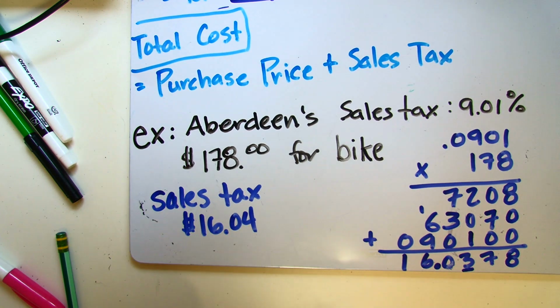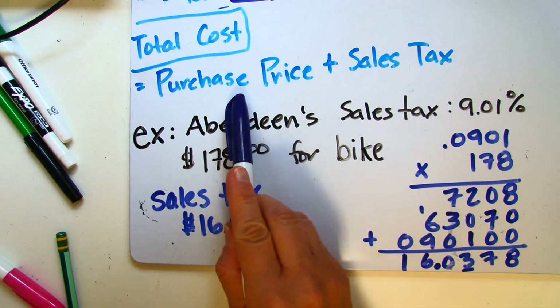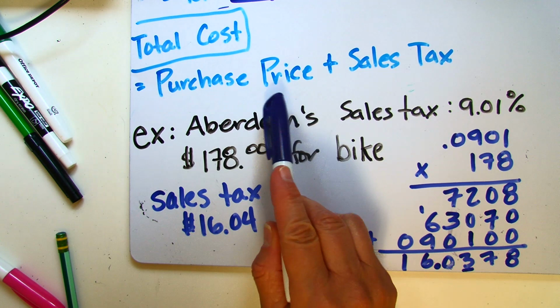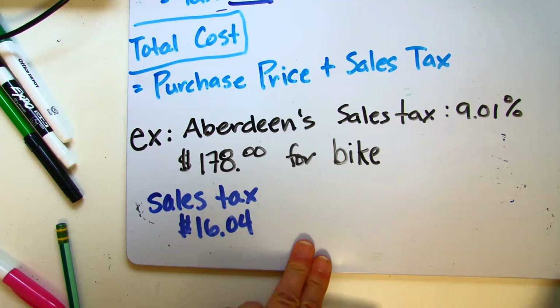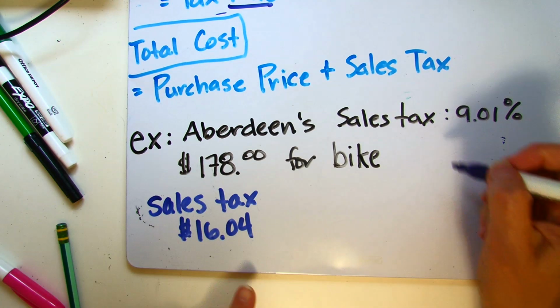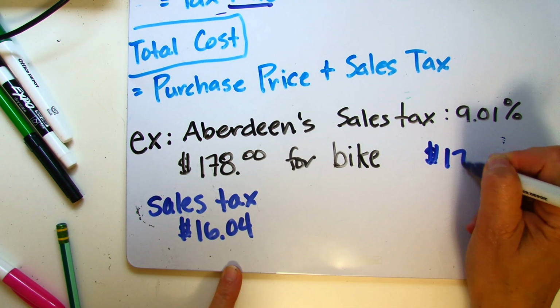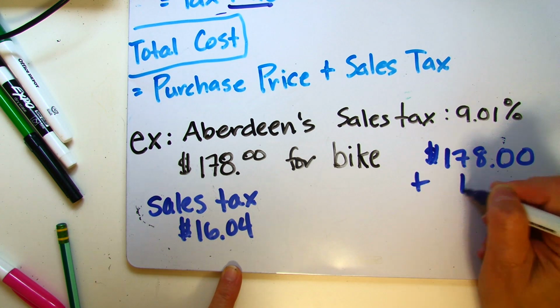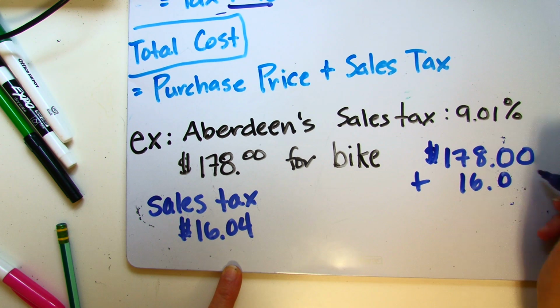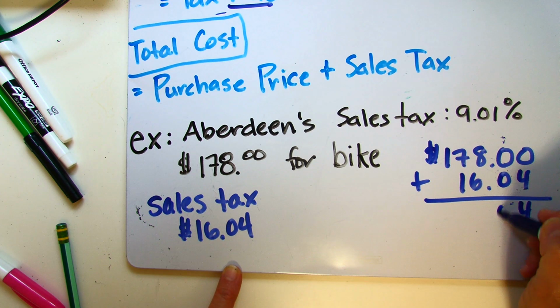Now we want to know how much will be the total cost for this purchase. To do that, we're going to add the sales tax to the original purchase price. This was before tax. $178 plus 16.04, and we're just adding.